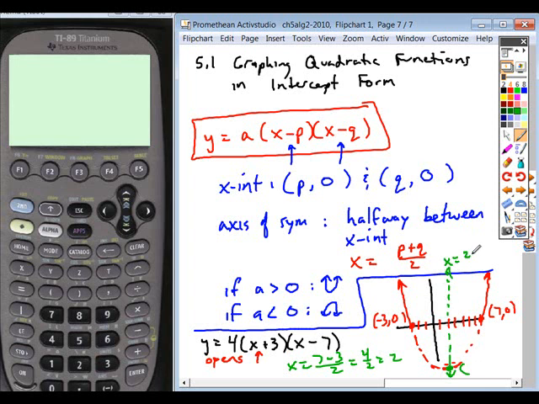So what is the x-coordinate of our vertex? 2. And then to find the corresponding y-coordinate, we need to plug that value into our equation. So if we plug in a 2 here, we're looking at 4. 2 plus 3 is 5.